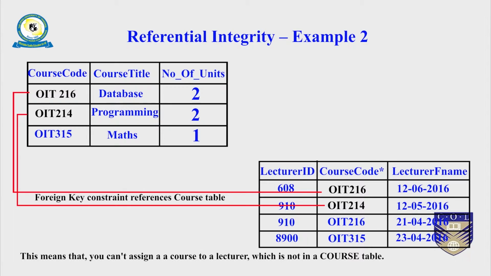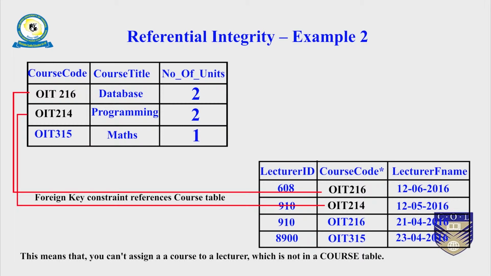We've got a course table and a lecturer table, whereby a course table has 3 columns: course code, course title, and number of units. And then we've got a lecturer ID, a course code, and a lecturer name.